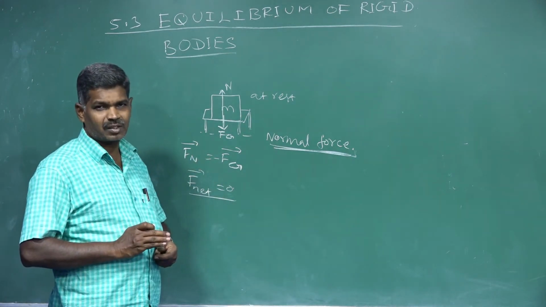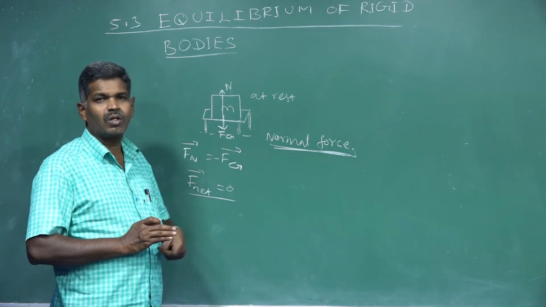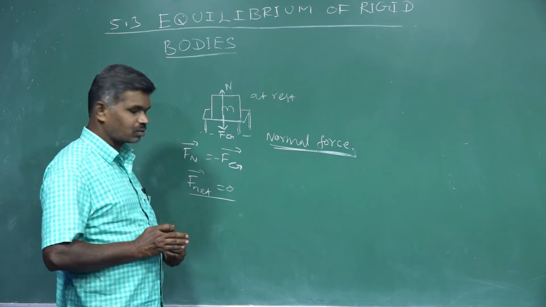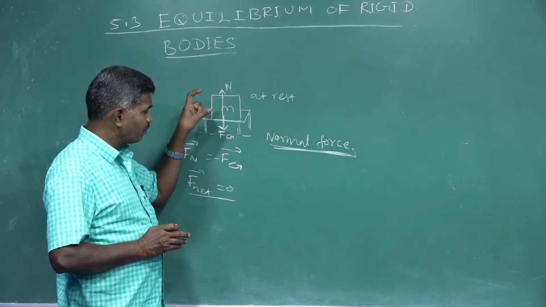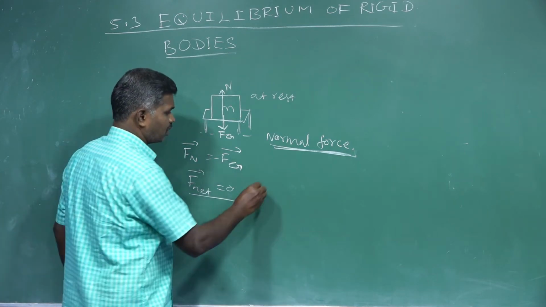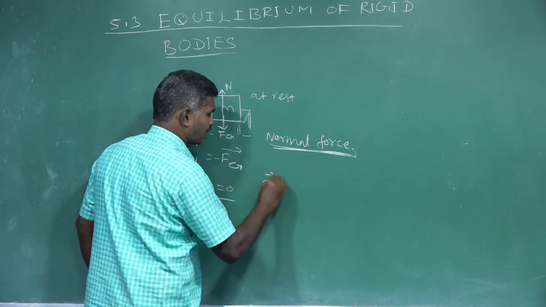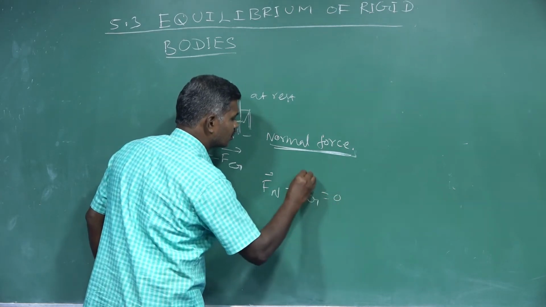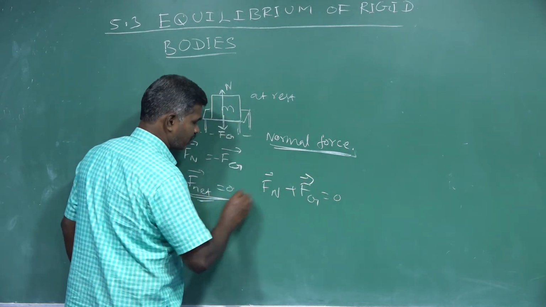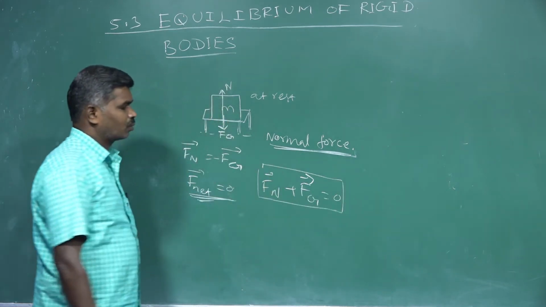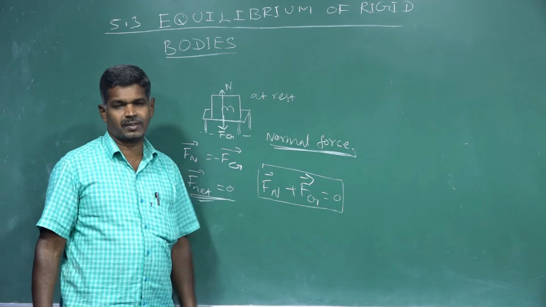So for it to be at rest, another force is acting, that is the normal force. Anyhow, the rest condition is that the net force is 0. That is, Fn vector plus Fg vector equal to 0. Net force 0 means these two forces' total value becomes 0 for that object at rest.